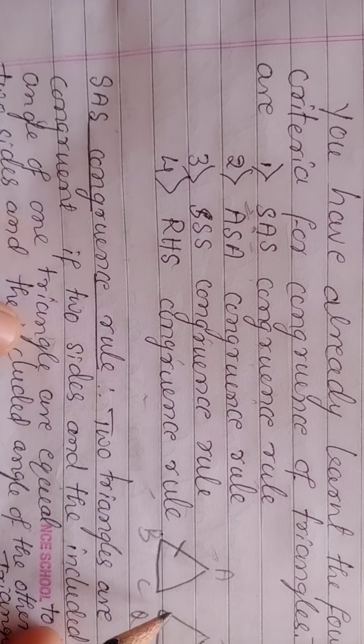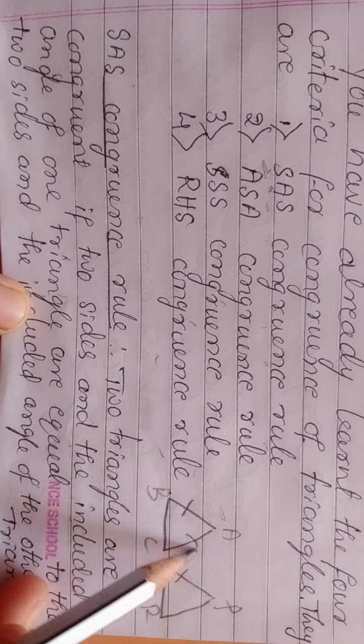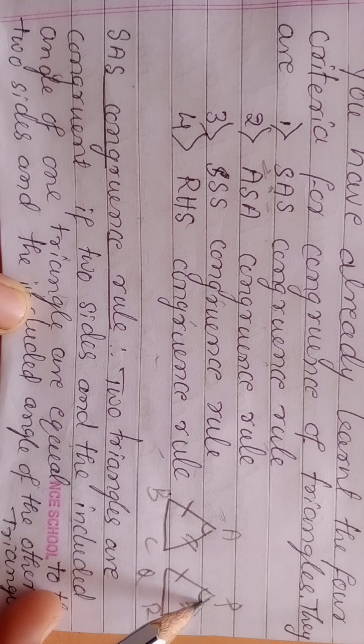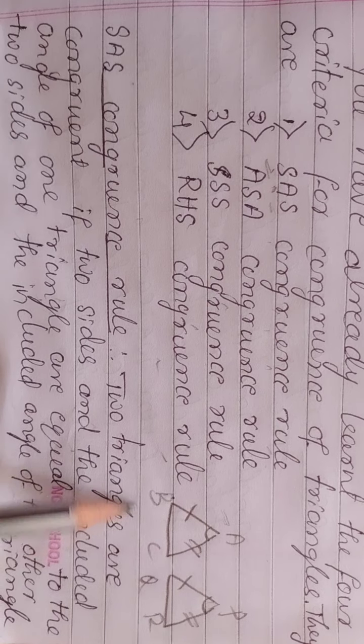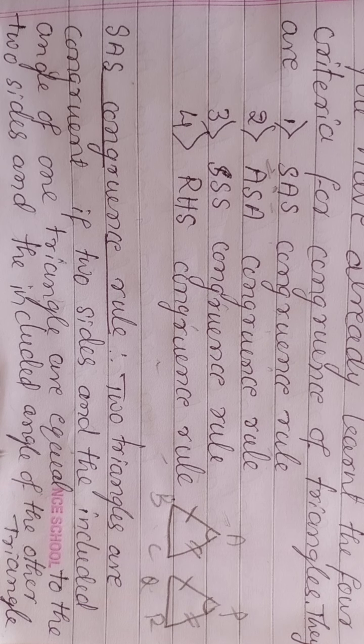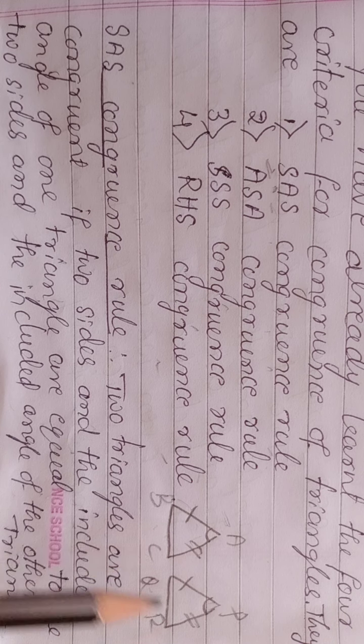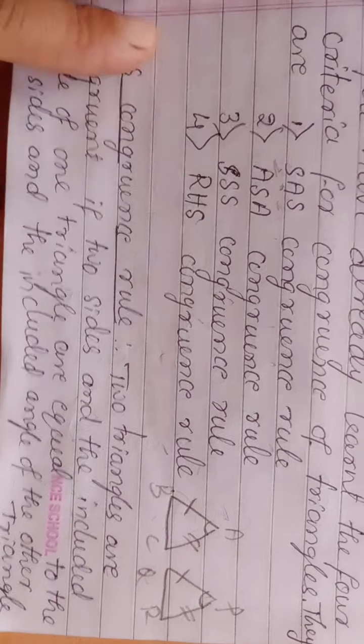So AB should be equal to PQ, AC should be equal to PR and included angle A should be equal to angle P. Then we can say these two triangles are congruent. Only by checking these 3 criteria we can implement this. Clear, children? Now one problem we will take and we will discuss this concept.